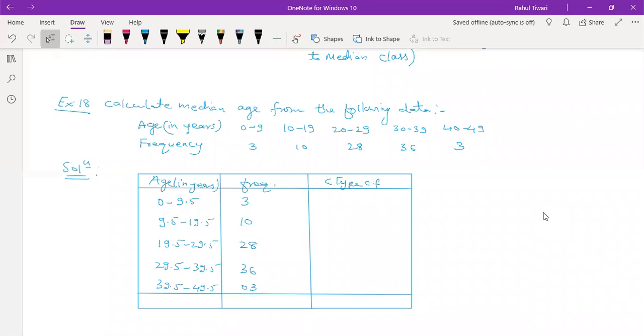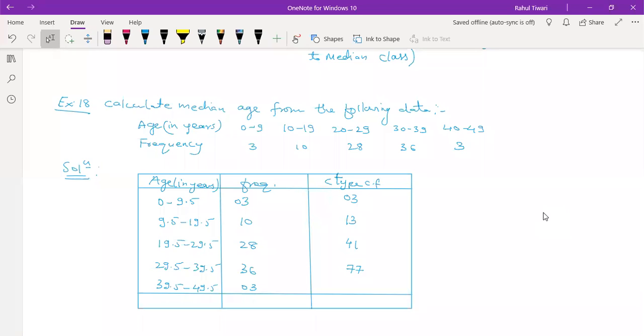Now you can find the less than type cumulative frequency, which is very simple. Go on adding. So this is 0, 3, then 10 plus 3 is 13, 13 plus 28 turns out to be 41, 41 plus 36 is 77, and finally 77 plus 3 is 80.